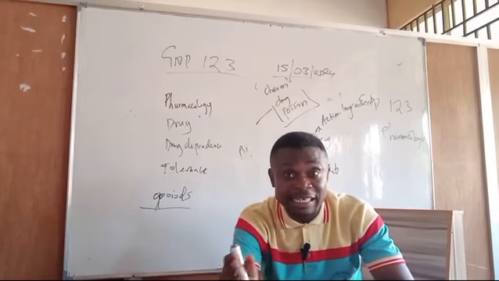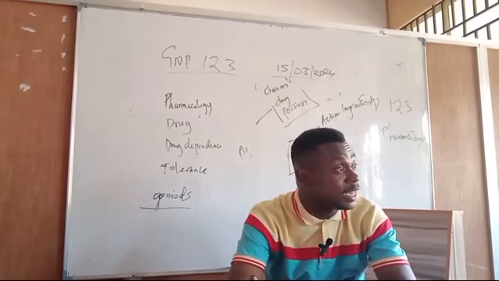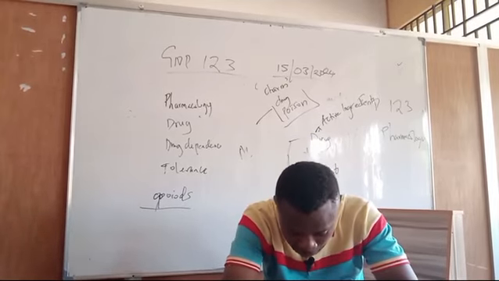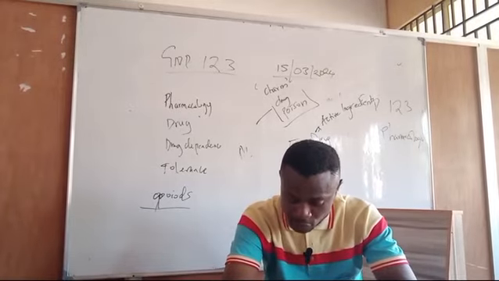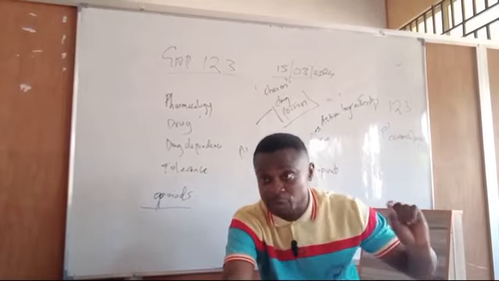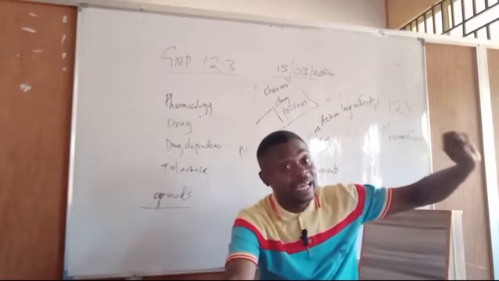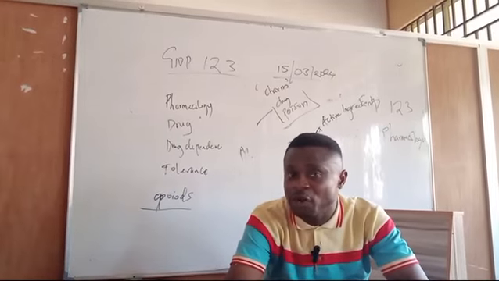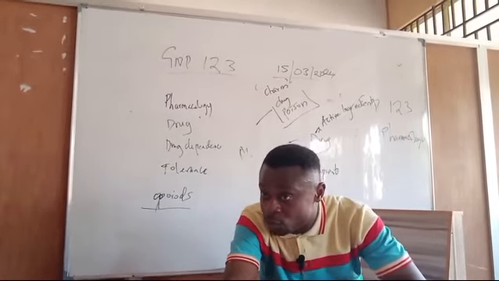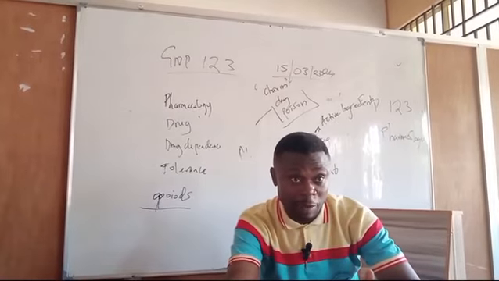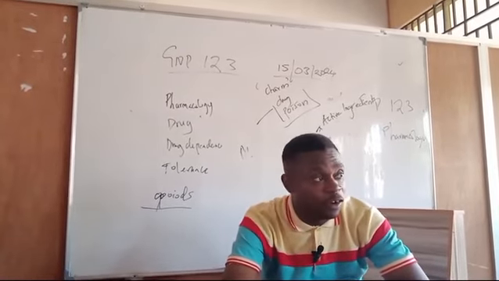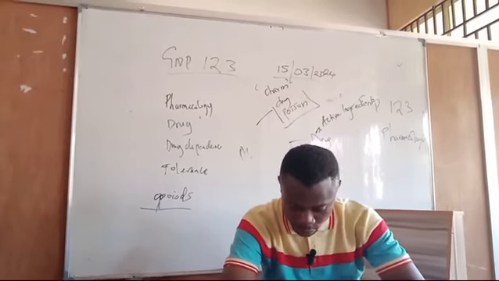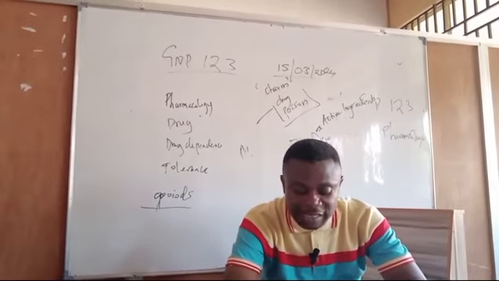When the tolerance increases to a certain extent, the person becomes dependent on it. So dependence develops due to high tolerance. Know that point and put it under dependence. Your body has adapted to the drug over a long period of time. So dependence develops as a result of high tolerance to a particular drug.